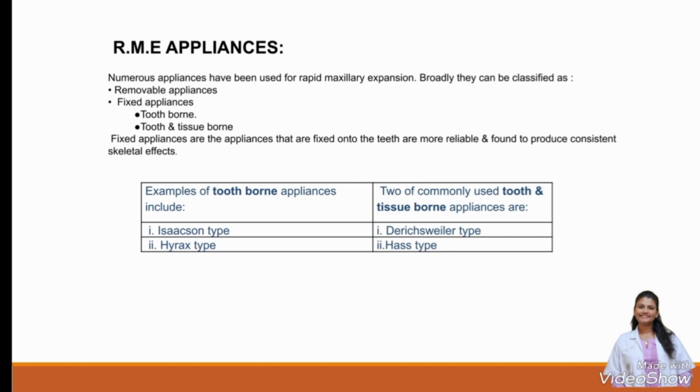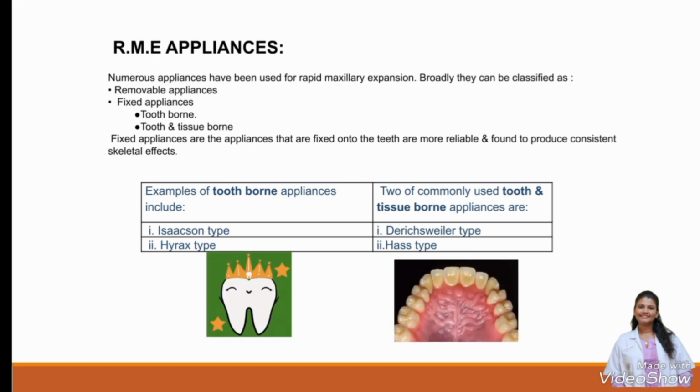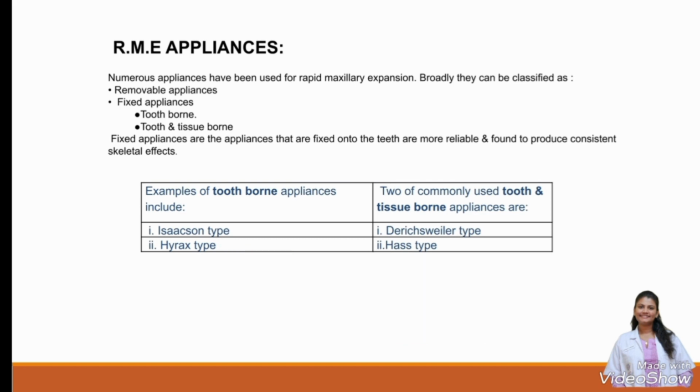In fixed, there is tooth borne and tooth and tissue borne. In tooth borne, there are examples of Isaacson type and Hyrax type, and in tooth and tissue borne, there are the Derichsweiler type and Haas type. In tooth borne, the support is taken directly from the tooth structure, whereas in tooth and tissue borne, the support is taken from tooth and tissue by using acrylic plates.